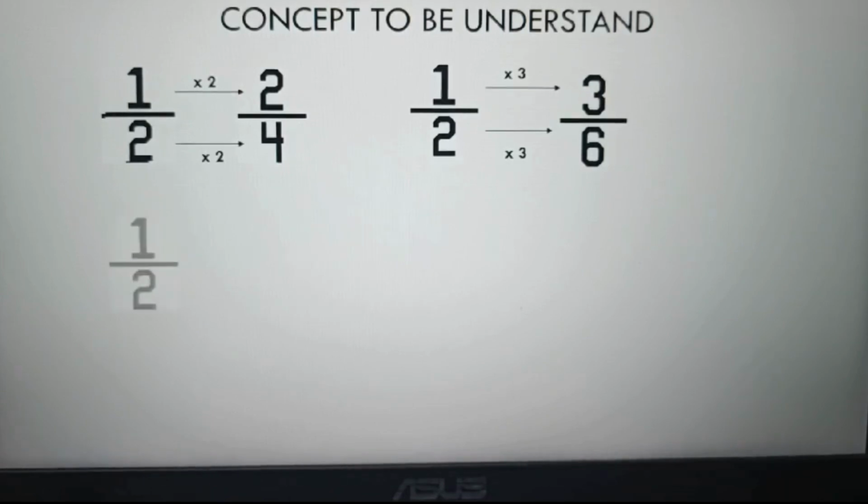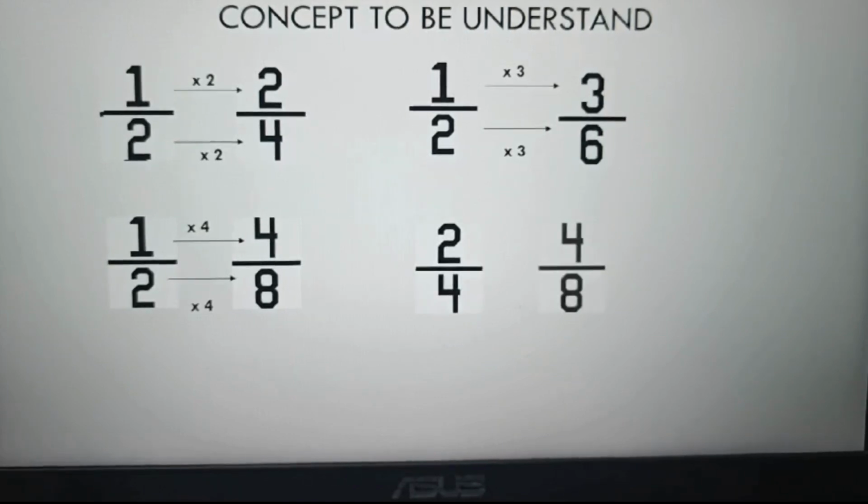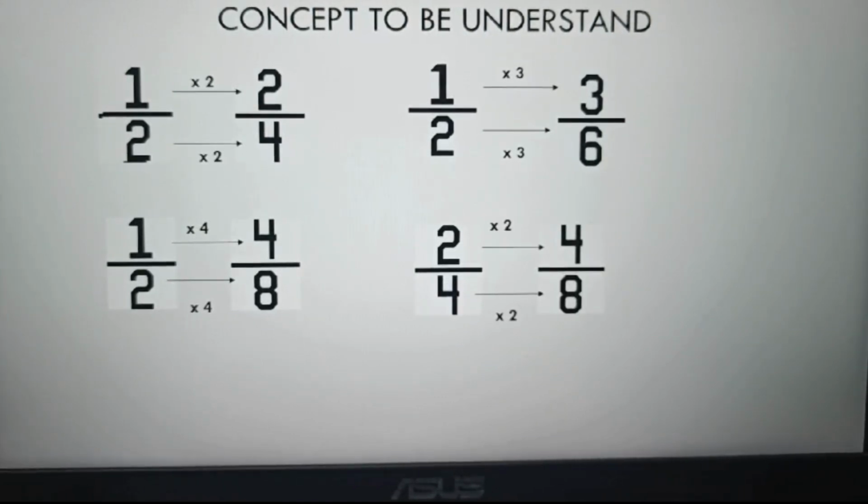So they are equal. Again 1 by 2 and 4 by 8: here 1 is increased 4 times and 2 is increased 4 times. So they are equal. Similarly 2 by 4 and 4 by 8, the numerator 2 is increased 2 times and 4 is increased 2 times.